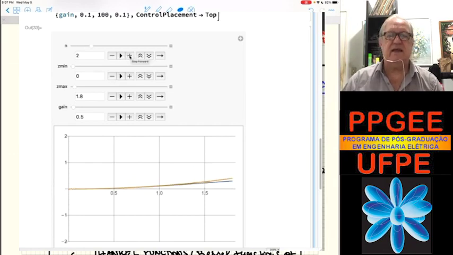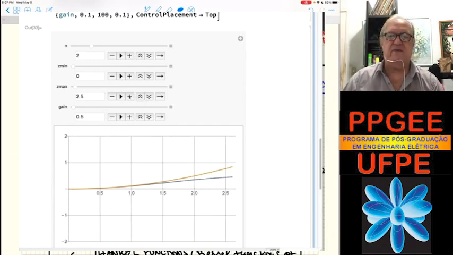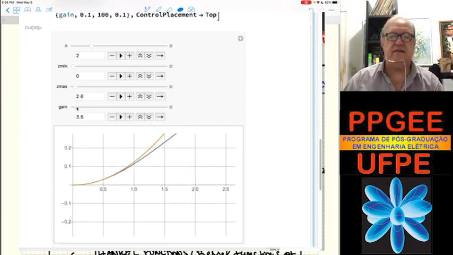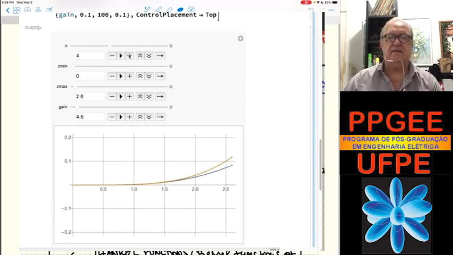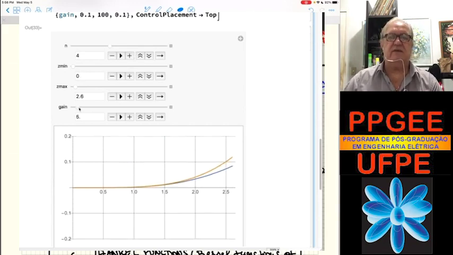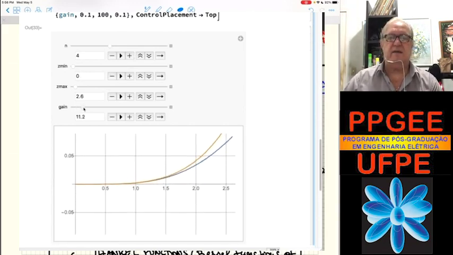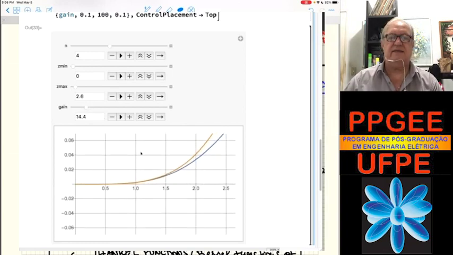Then you go further, and you see that you have an x squared, second power, and so on, right? As we go further in index, let me increase the gain. You see, you have a nice approximation up to 1.5.